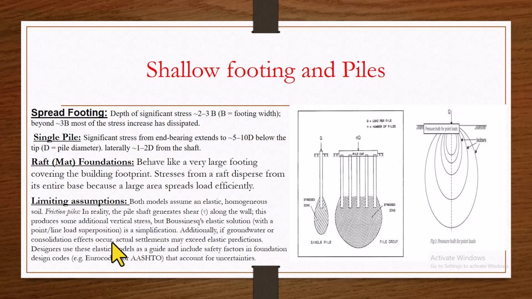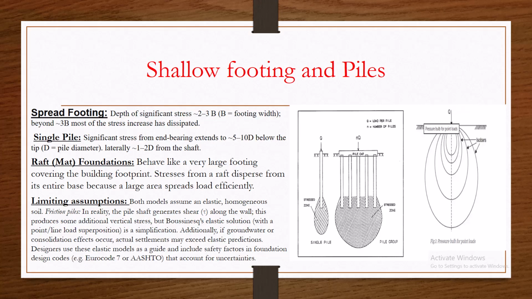So the limitation of Boussinesq's theory is that he assumed a homogeneous and elastic soil. But once we have groundwater or consolidation effect, settlement is no longer under elastic conditions.